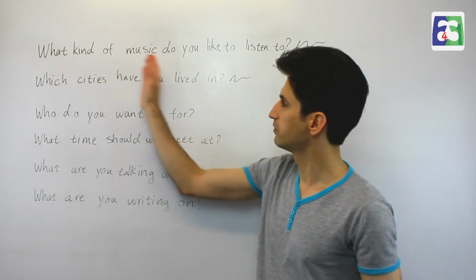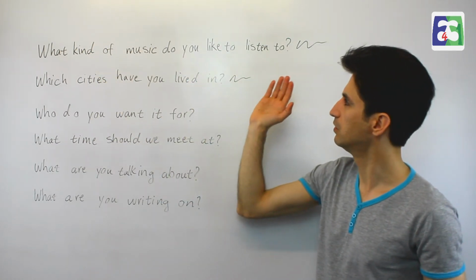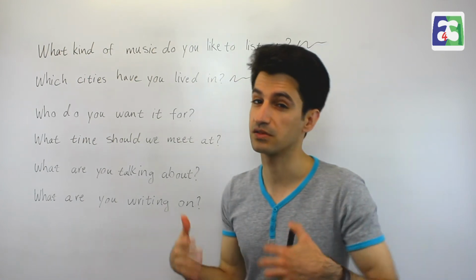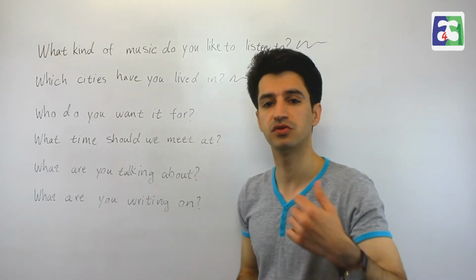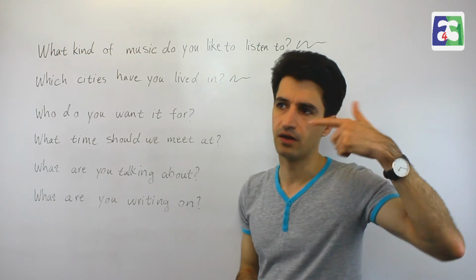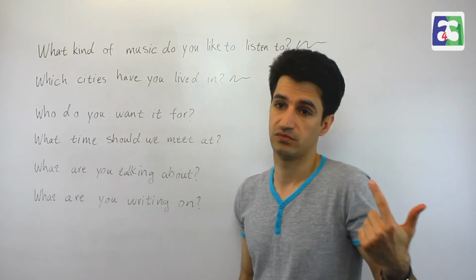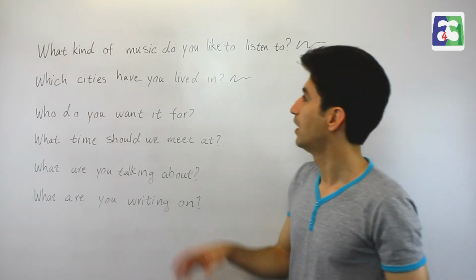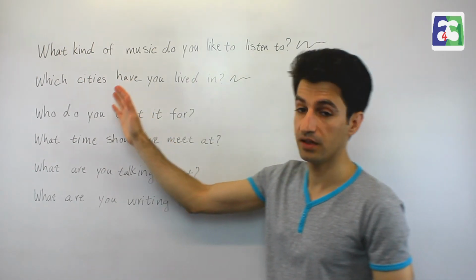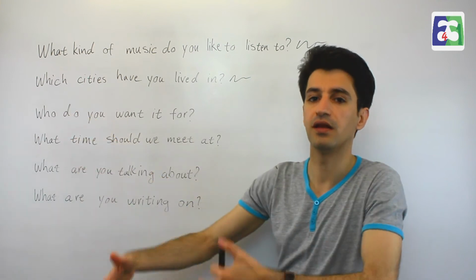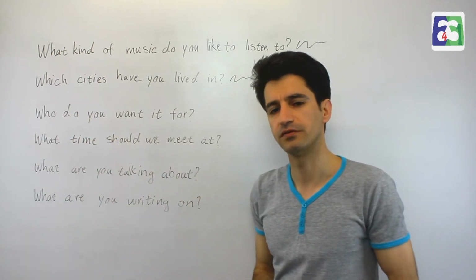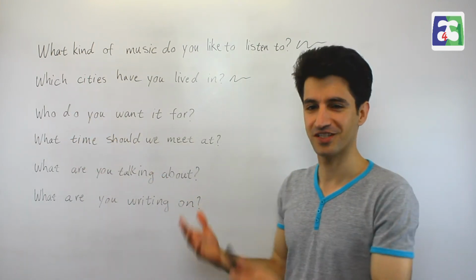To what kind of music do you like to listen? Maybe this is more familiar to you because of your background language, because of your mother tongue. I don't know. If that helps, then try that way, and then it will be more clear for you why we have this at the end.